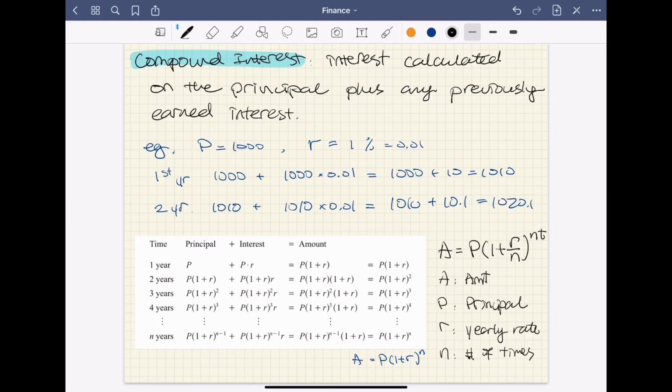What about compounded semi-annually? How many times are you going to get paid per year? 2 times, right? So for semi-annually, N is going to become 2. And t again is number of years. This is the formula for compound interest.